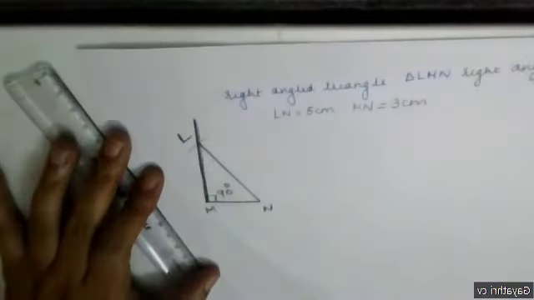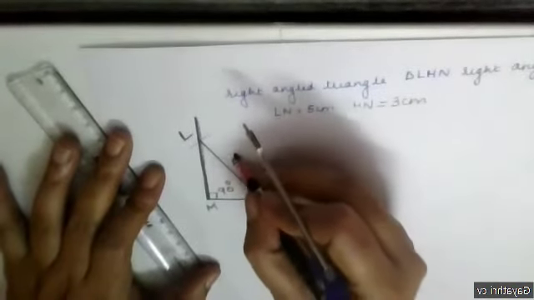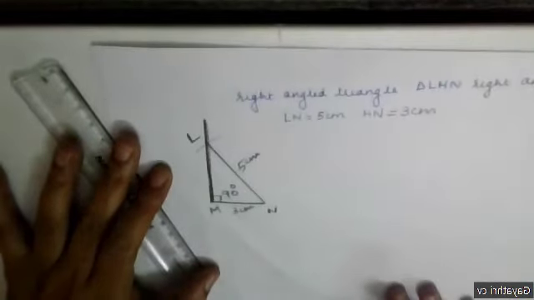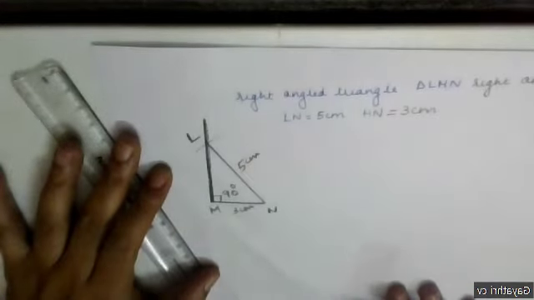Now this point that I get here is L. So this length is now 5 centimeter. This length is 3 centimeter, and I've got my right angle triangle. So this is how you construct a right angle triangle when the length of one leg and the hypotenuse are given.